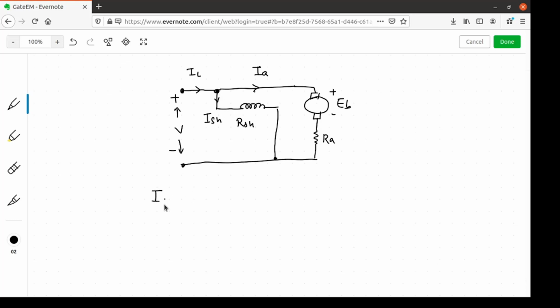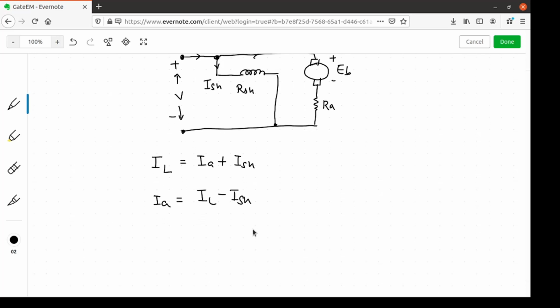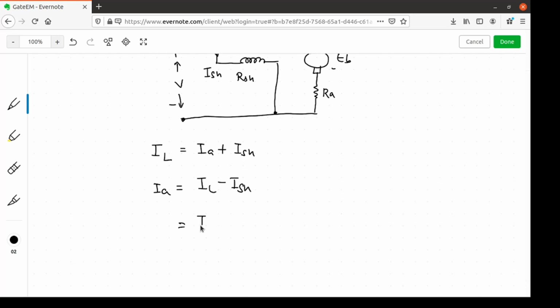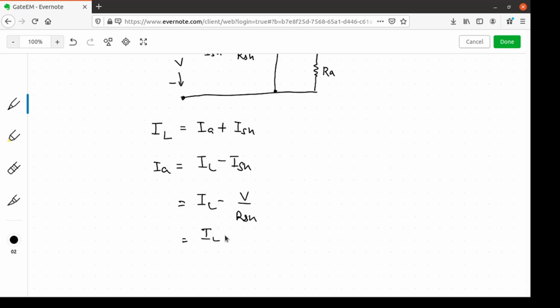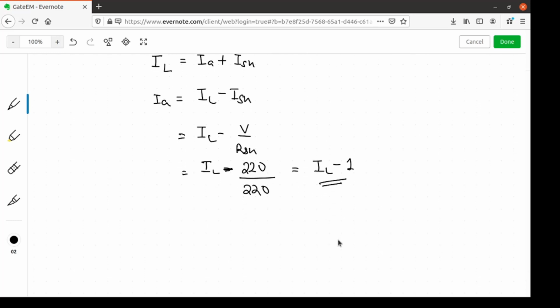So IL equals Ia plus Ish, or Ia equals IL minus Ish, which is equal to IL minus V divided by Rsh, equal to IL minus 220 divided by Rsh, which is also 220. So that will be equal to IL minus 1. So this is true in both the cases.